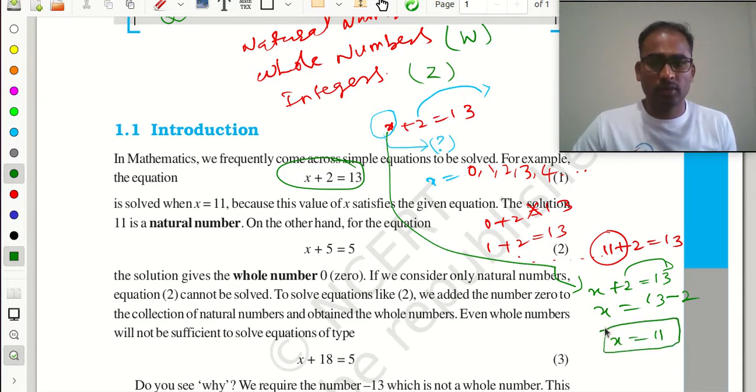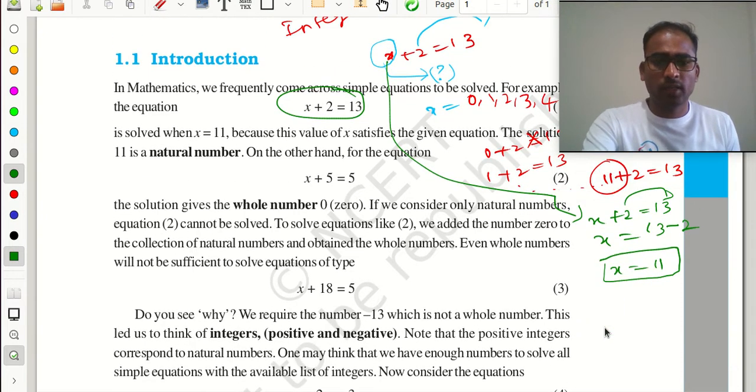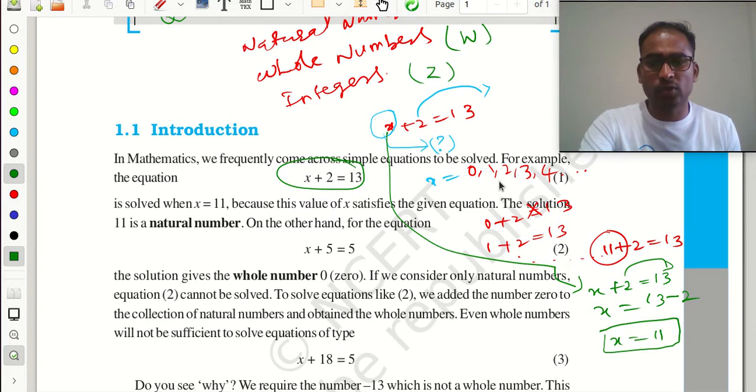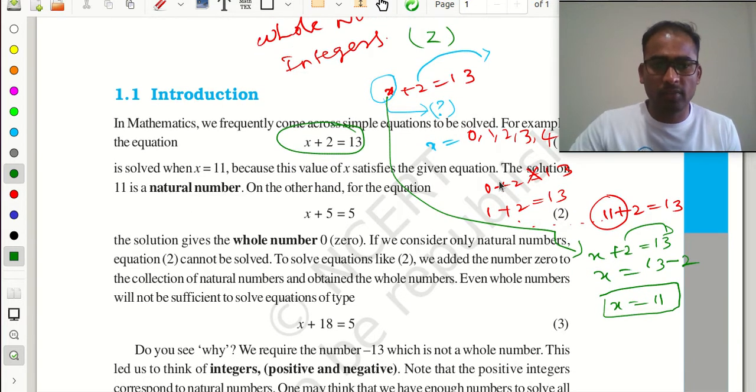So this x is equal to 11 satisfies this equation, and we can call it a solution. And this 11 is what? This is a natural number.